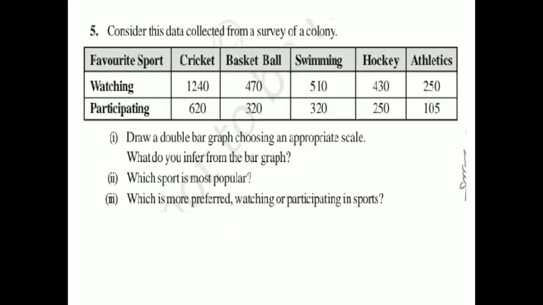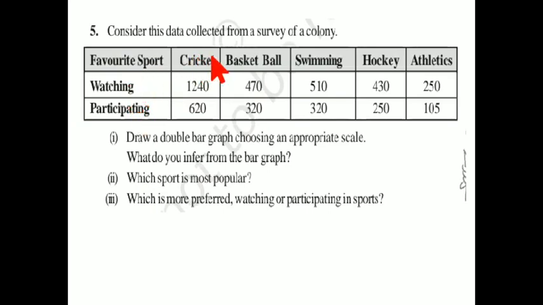In today's class we are going to start with question number 5: consider this data collected from a survey of a colony. So this is data collected in a survey of a colony. This is the favorite sport.